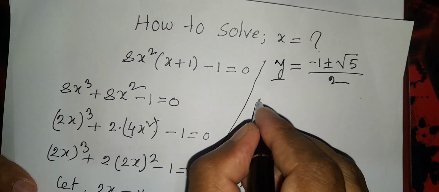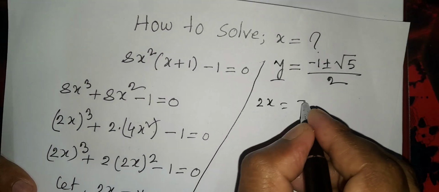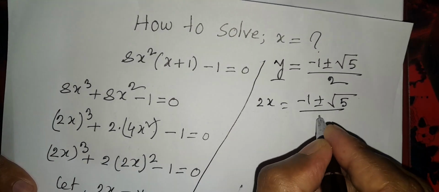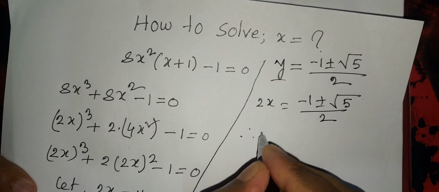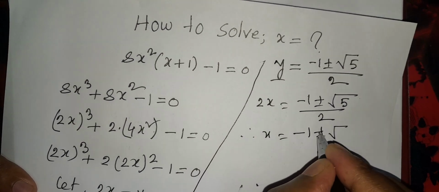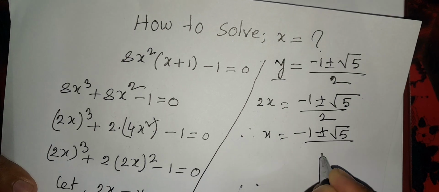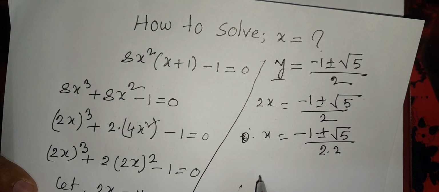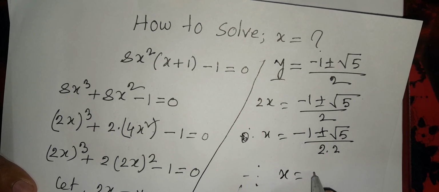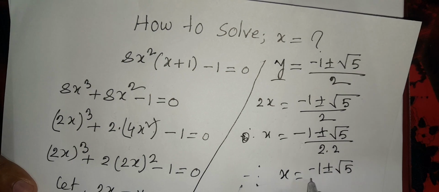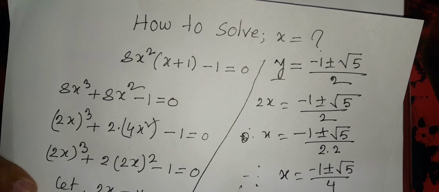Here y is 2x, minus 1 plus minus root 5 by 2. So x equal to minus 1 plus minus root over 5 by 2 into 2. So x is equal to minus 1 plus minus root over 5 by 4.